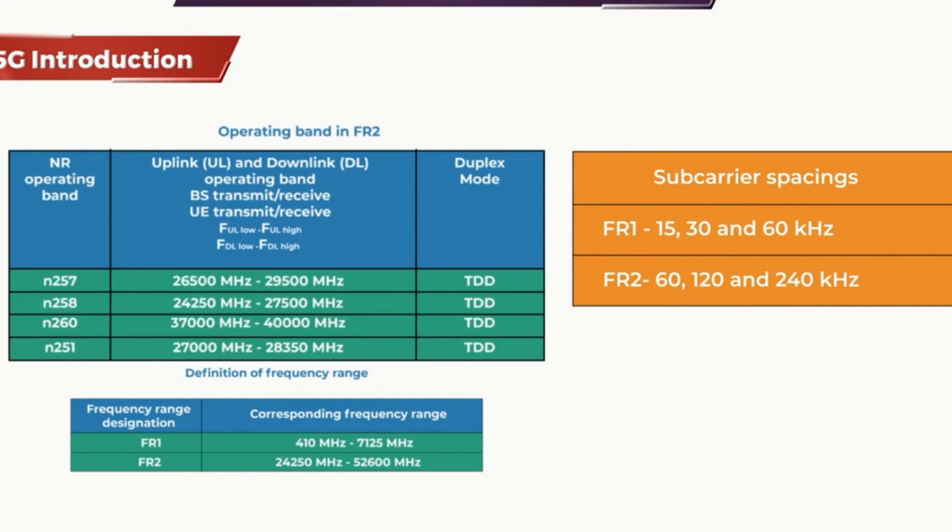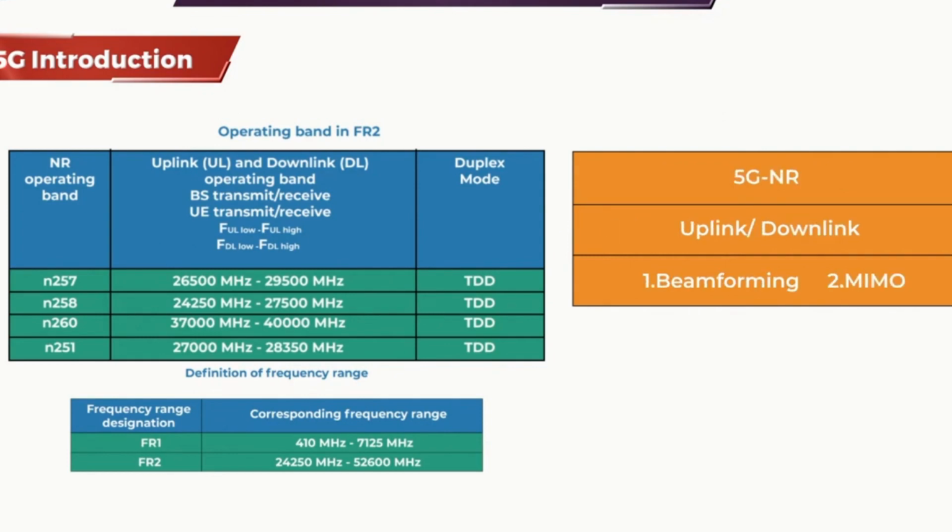The 240 kHz subcarrier spacing is only used for the transmission of synchronization signals and the physical broadcast channel. Smaller subcarrier spacings have longer symbol duration, which allows support for larger cell ranges. Larger subcarrier spacings have shorter symbol durations, which allows support for lower latencies.